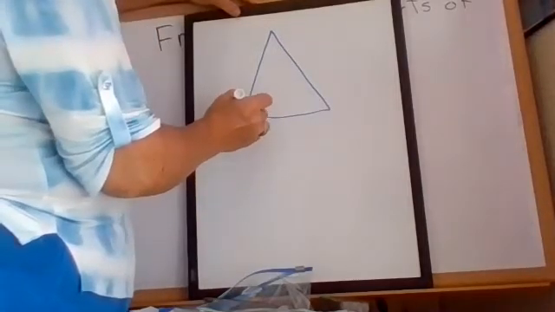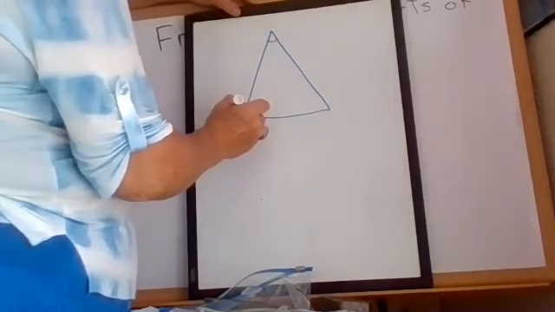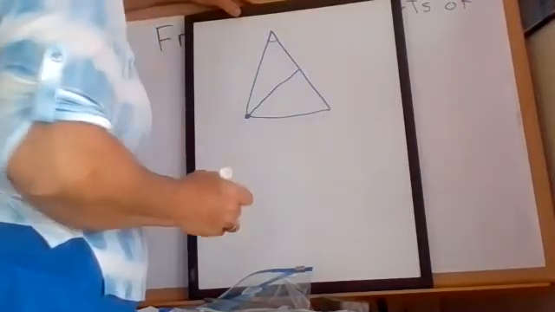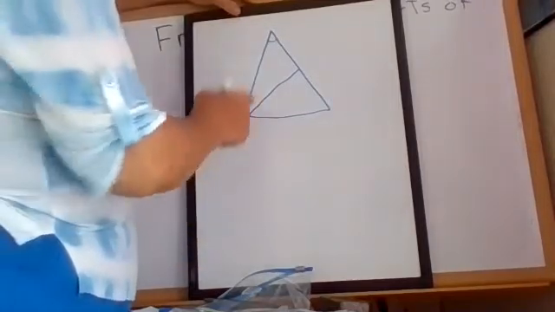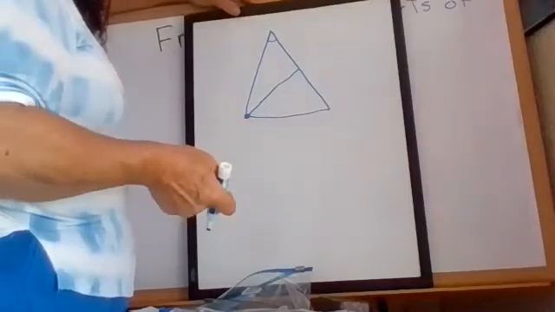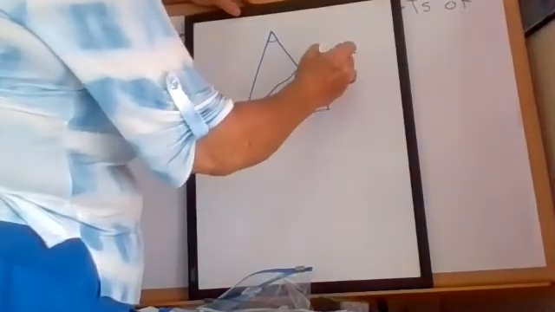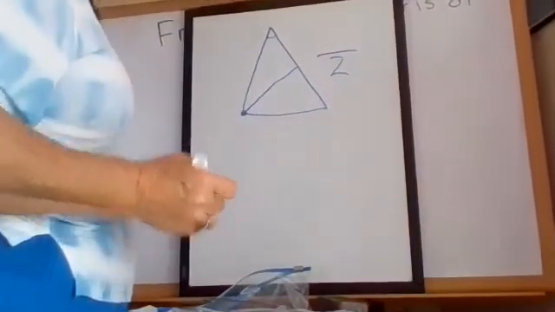Remember, we talked about that. These are vertices. These are angles. I'm going to go from this vertice all the way to the middle of this side. You think these are equal? Yes. How many pieces do I have? 2. So now I have halves. How would I write that fraction? Yes, the number 2 must go on the bottom for that fraction.